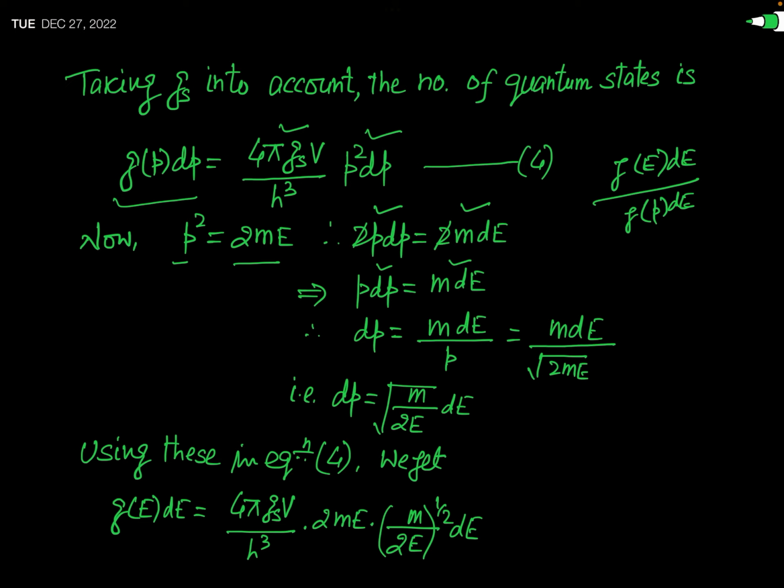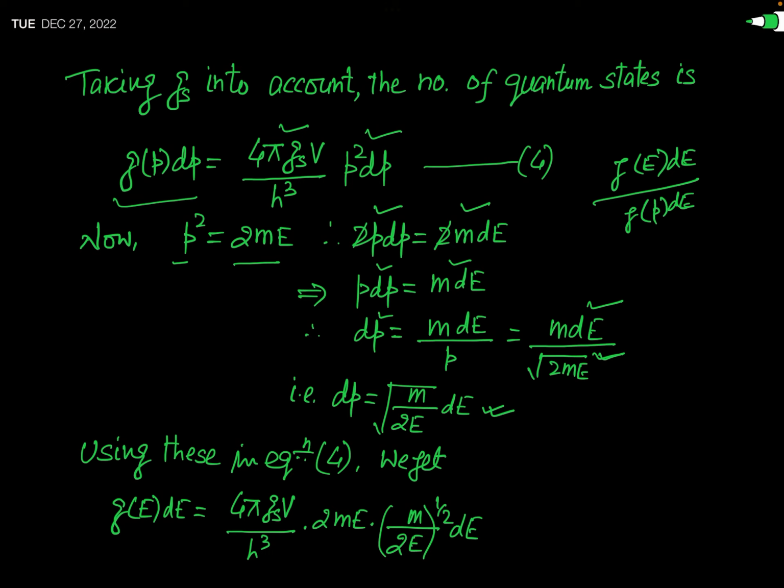So dP is finally equal to m dE divided by root over 2mE. And here the square root of m in the denominator will cancel, and your final result is dP equal to root over m by 2E dE.